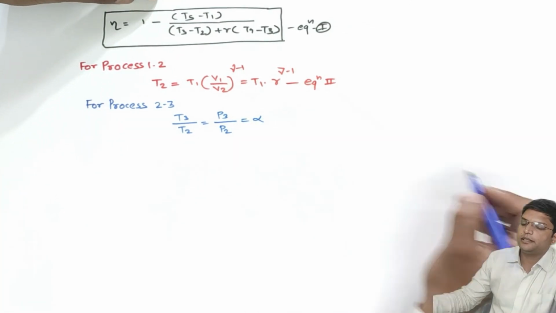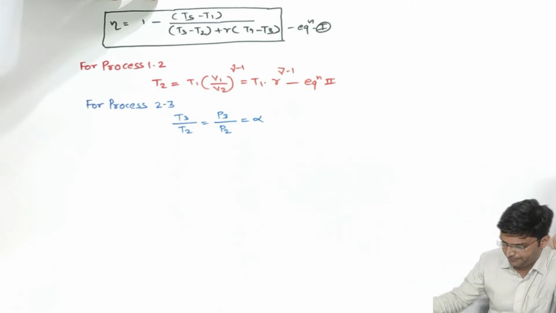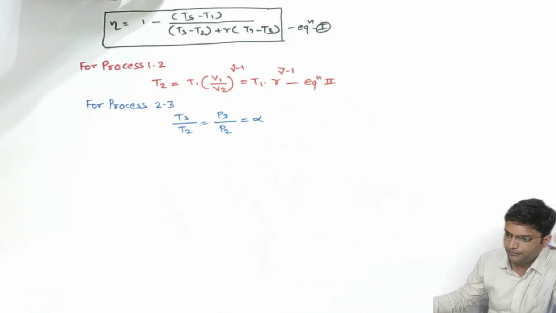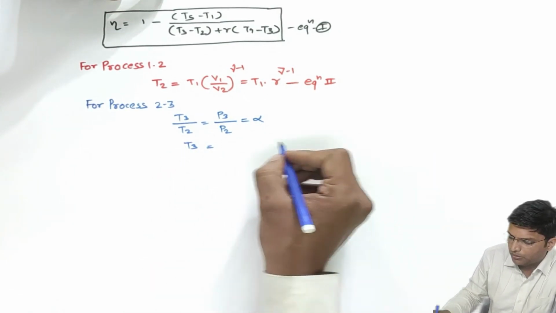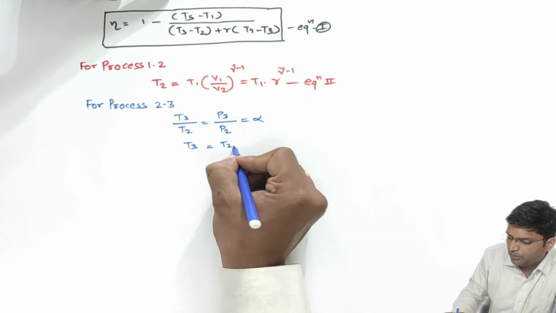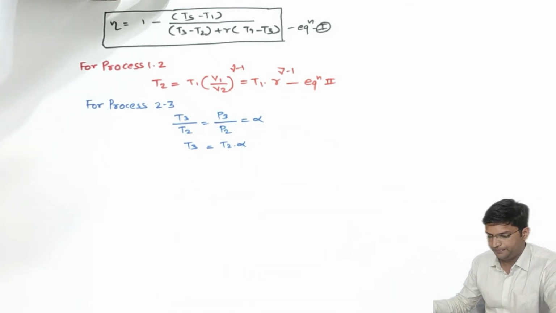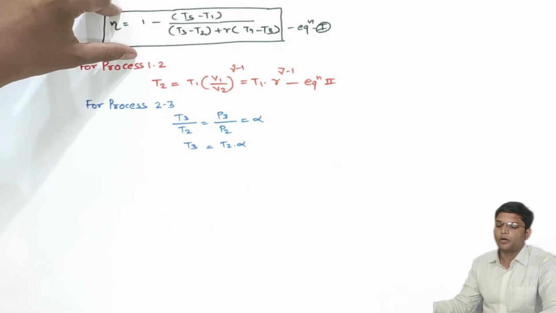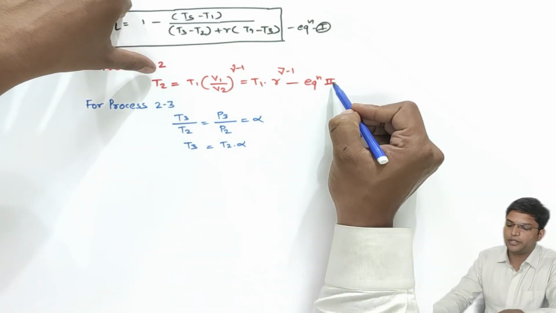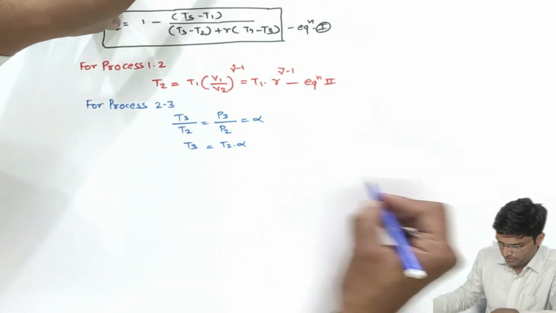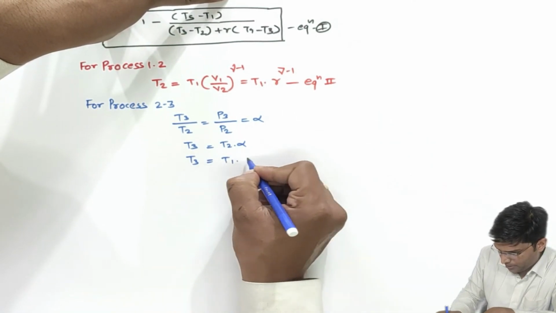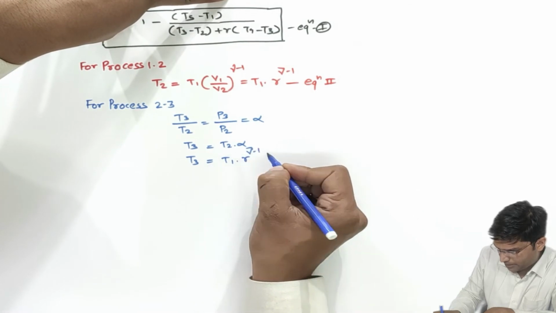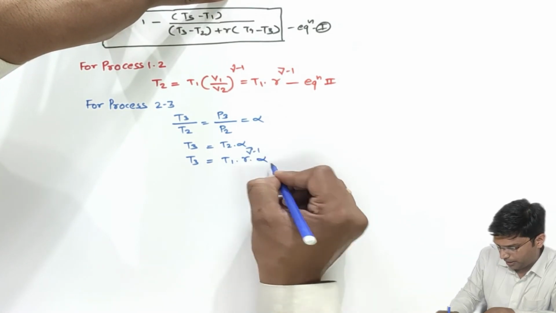Now alpha is called the pressure ratio. Now T3 is equal to T2 into alpha. Now put the value of T2 from equation 1 into this. The equation becomes T3 is equal to T1 into r raised to gamma minus 1 into alpha.